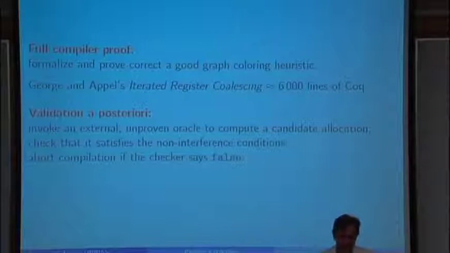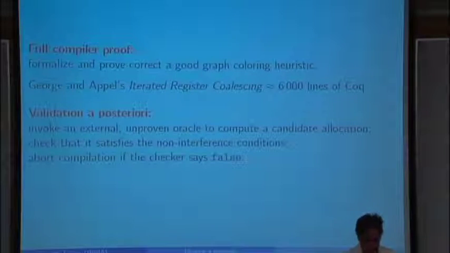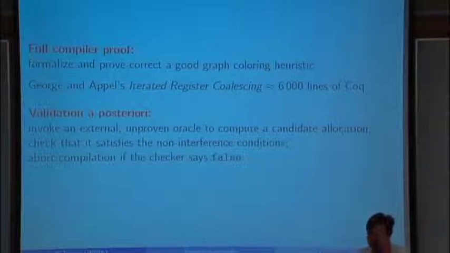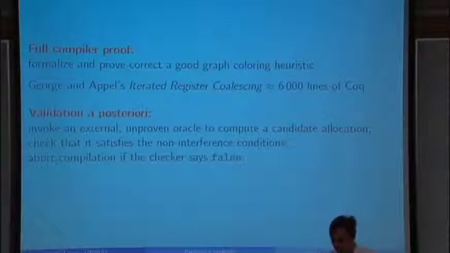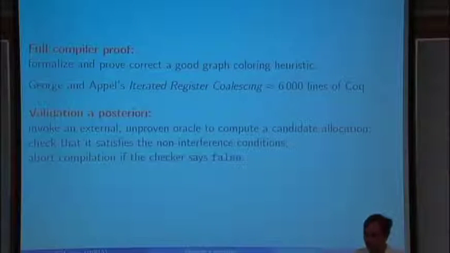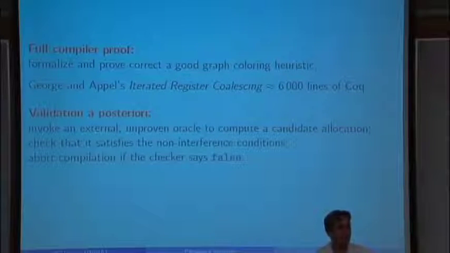So there's an alternative, which is the so-called translation validation or validation a posteriori. And the idea is every time you compile your program, you build this interference graph, and then you invoke an external oracle, an external solver, to compute a candidate allocation. And that solver is not going to be proved.